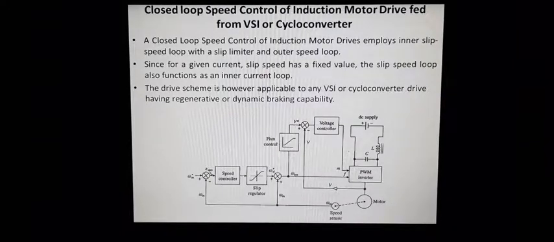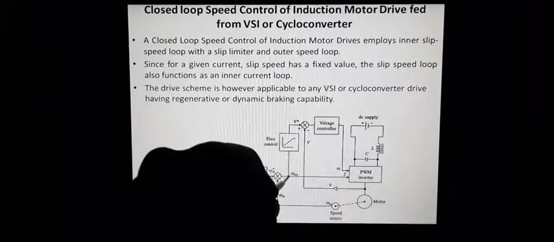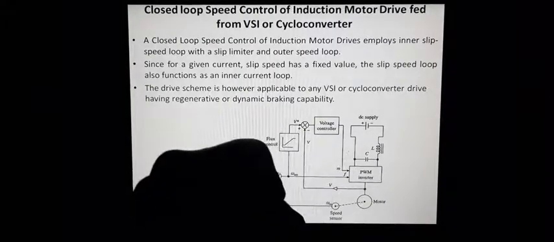But the closed loop operation, which is mentioned here, is in order to obtain the V by F method of speed control. So, the PWM inverter output must be in such a way that the V by F ratio must always be retained as a constant value. So, from this F or from this omega ms, you have computed the value of frequency.